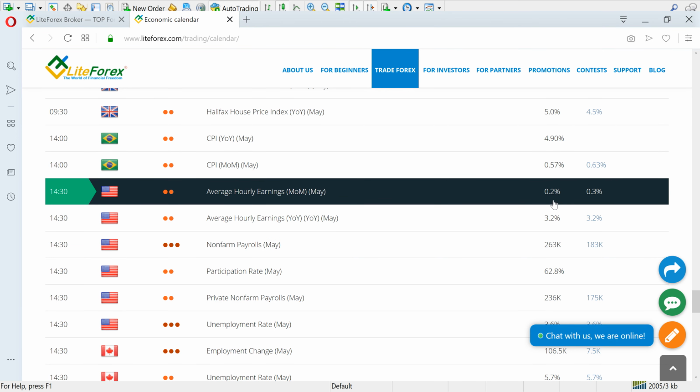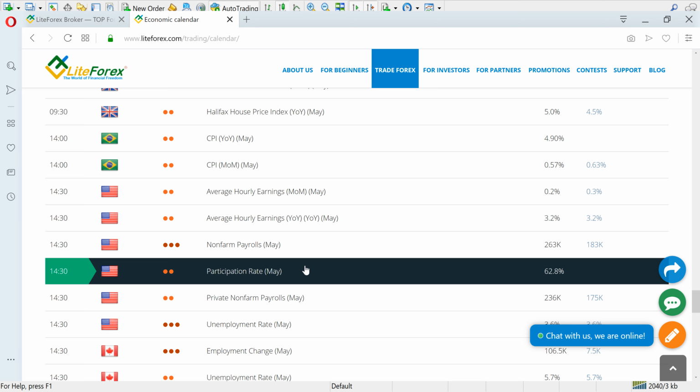So, given the fact that traders start to worry about a potential recession in the United States, this data will be once again extremely important, and we will see big movements in the US dollar. Canada will release employment data as well on Friday, so it may be an interesting setup for the US dollar Canadian dollar currency pair.